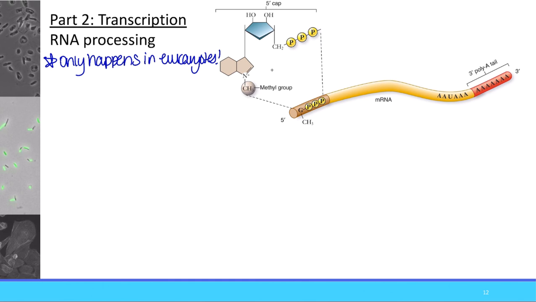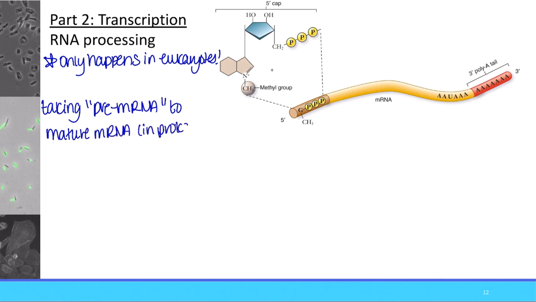And I like to think of RNA processing as taking something called pre-mRNA to mature mRNA. And in our prokaryotic friends, after transcription, mRNA is ready to go. So they don't mess around with any of these steps. This only happens in eukaryotes.